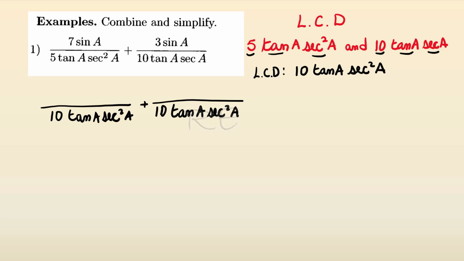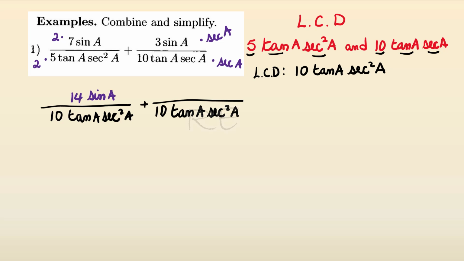When we look at the first fraction, we need to multiply it by 2 over 2 to get the lowest common denominator. Therefore, we will get 14 sine A. And when we look at the second fraction, we need to multiply it by secant A to get the lowest common denominator.